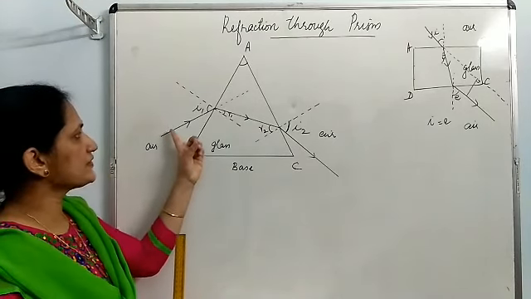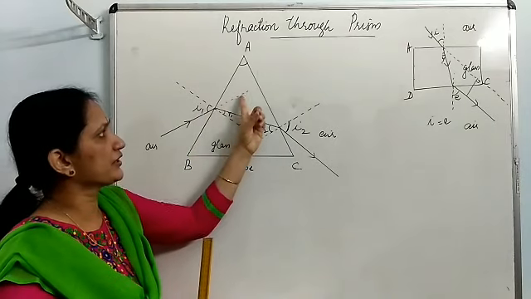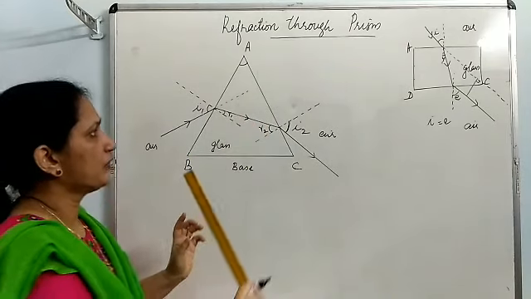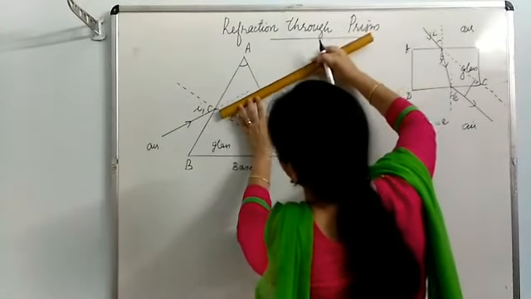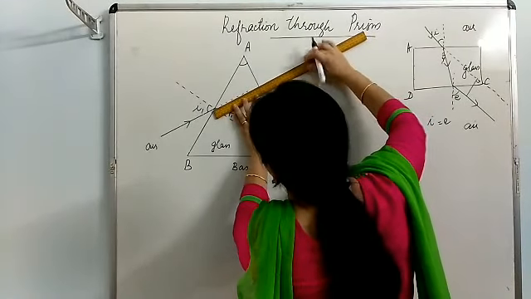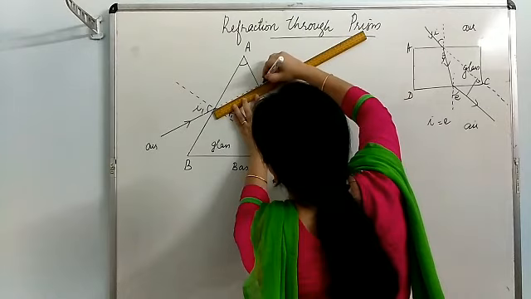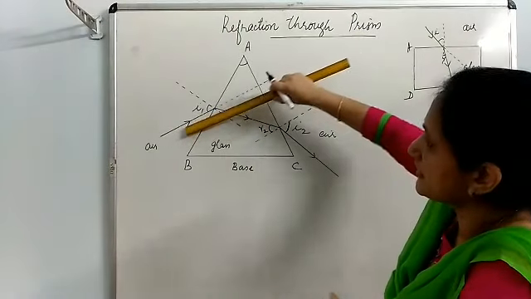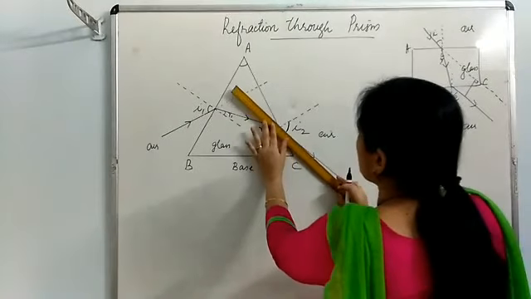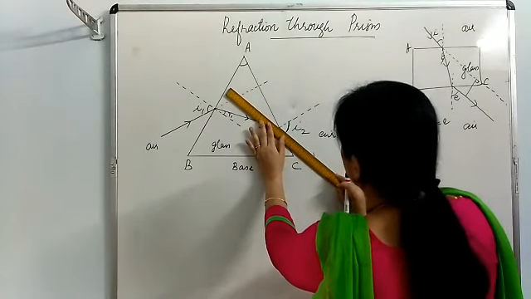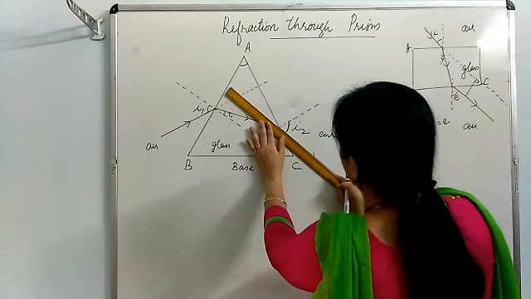So here already the incident ray I have extended with a dotted line. Okay, now let me extend the emergent ray backward. This is the incident ray extended. Emergent ray I am extending backward with a dotted line.